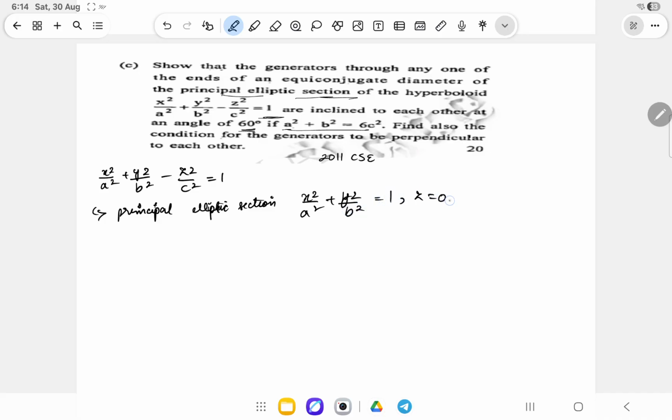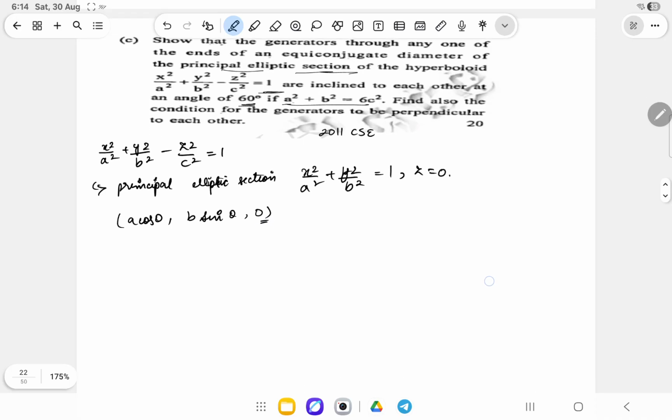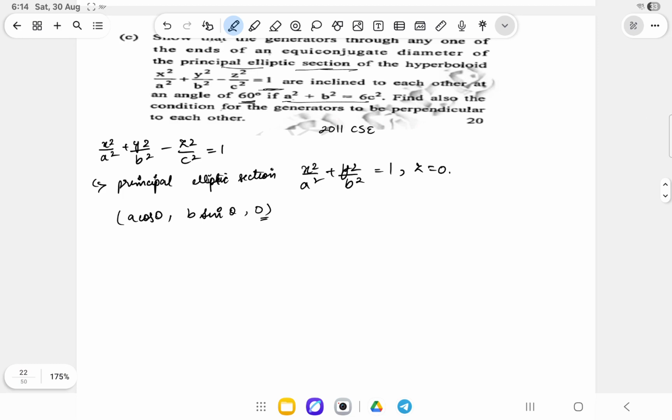So any arbitrary point on the principal elliptic section would be basically a cos theta, b sin theta, 0. So we have already seen the equation of the generator which is passing via any point of this principal elliptic section.